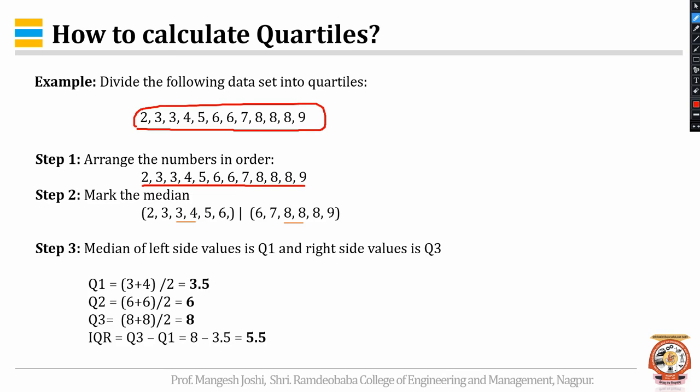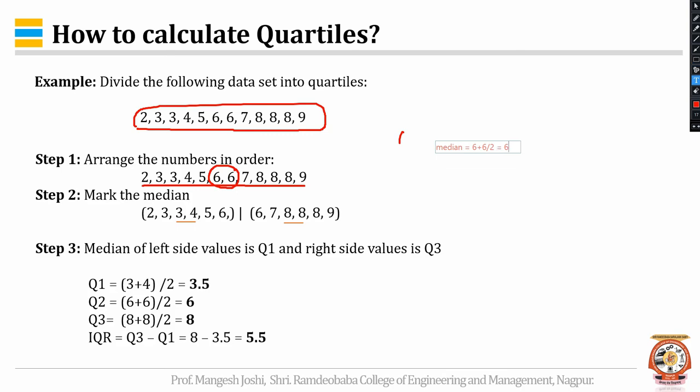Since there are even numbers, you have to find the average of the two middle values. Median is equal to 6 plus 6 by 2, that is nothing but 6. So median is 6.